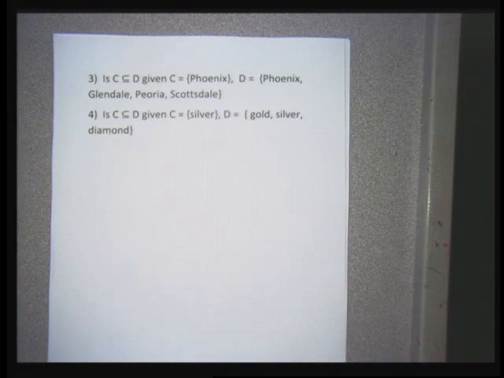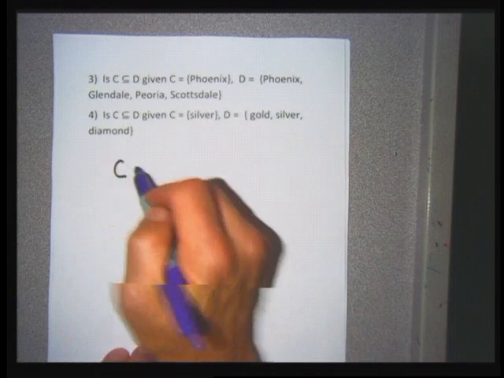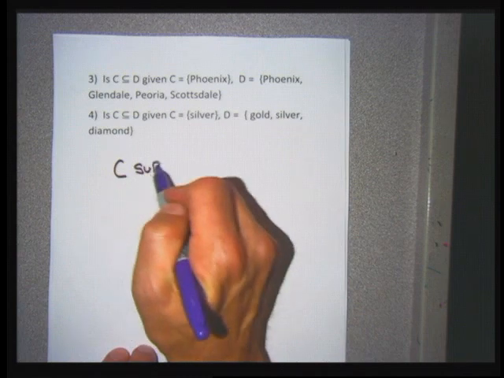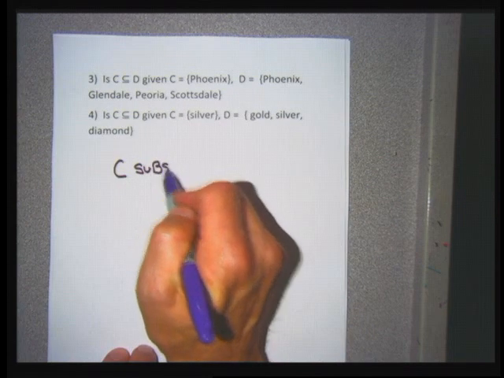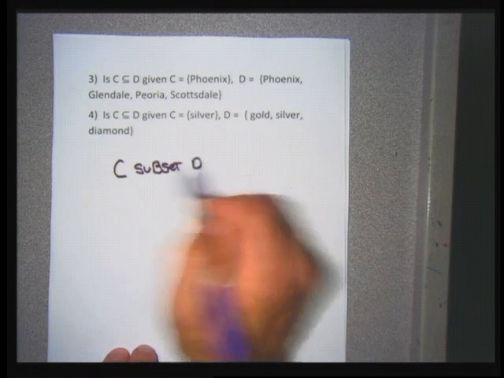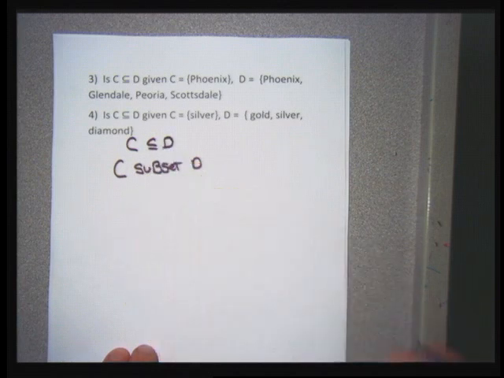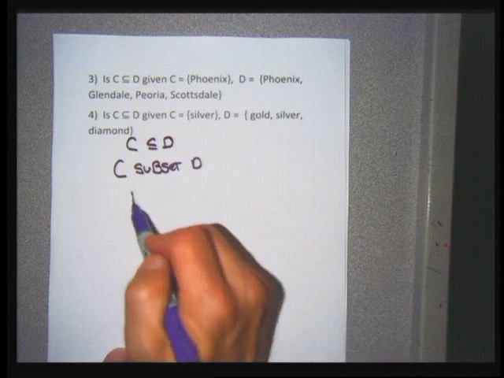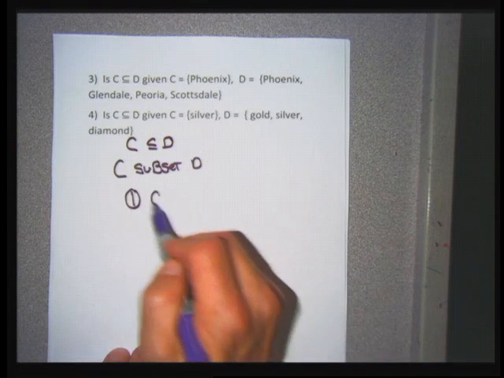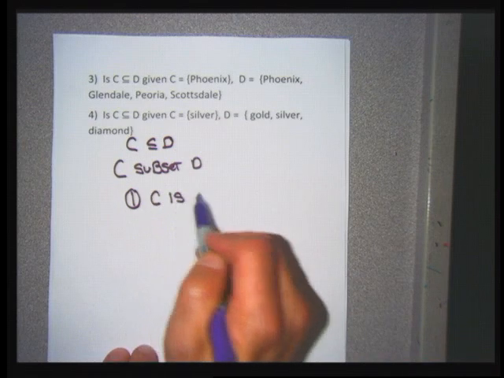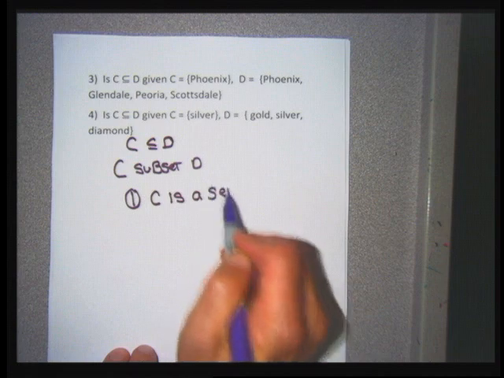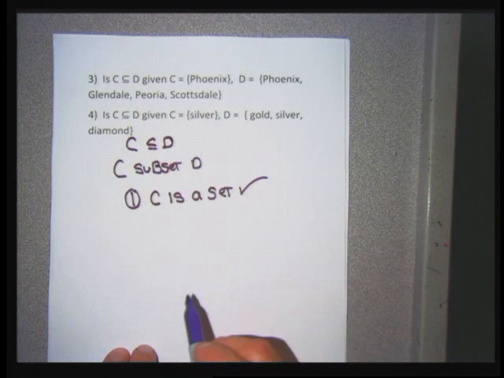Okay, 3 and 4 work the same way. 3 wants to know, not is C a proper subset, but is C a subset of D? Because that notation with the line under it only has 2 criteria. The 2 criteria for this to be true are, first, C is a set. Because it's in set braces, it's a set.